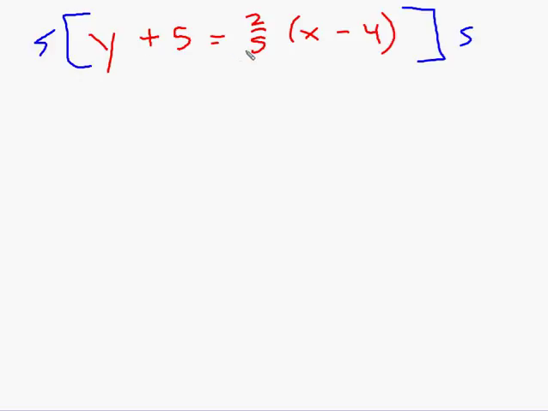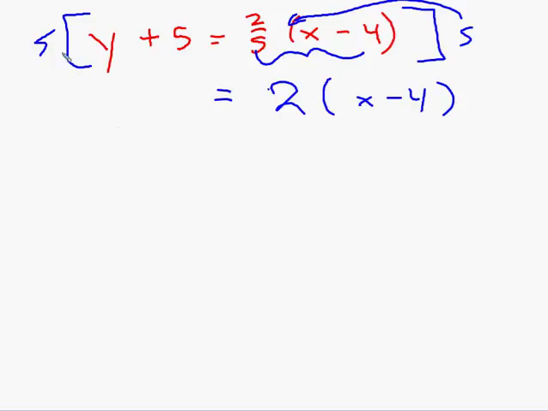Remember, all of that is one thing because it's a multiplication, so I don't distribute that 5 into that. It just cancels this fraction. So the 5's cancel and leaves me with 5y. 2 times x minus 4, that 5 canceled. And this 5 distributes to all of that, so I get 5y plus 10 equals... 5 times 5 is 25.